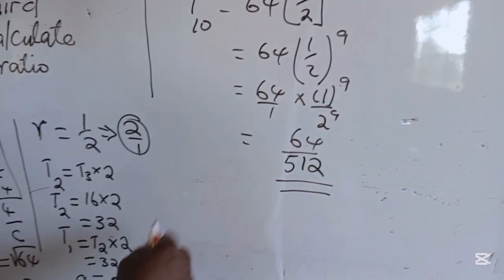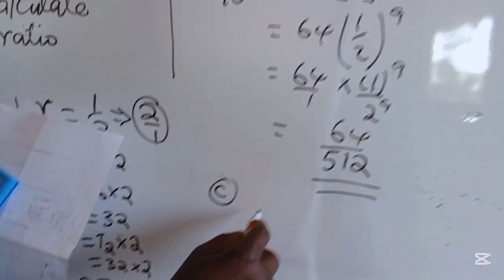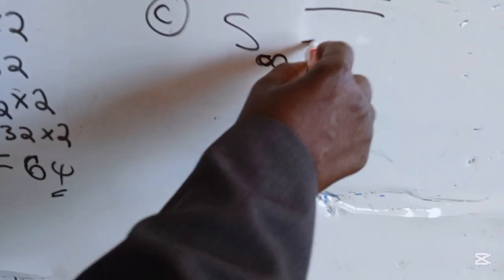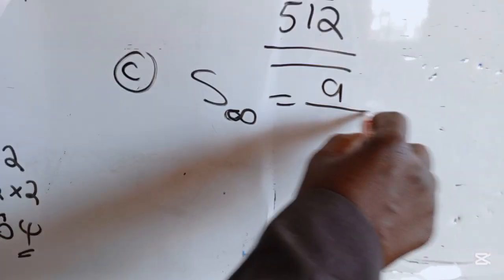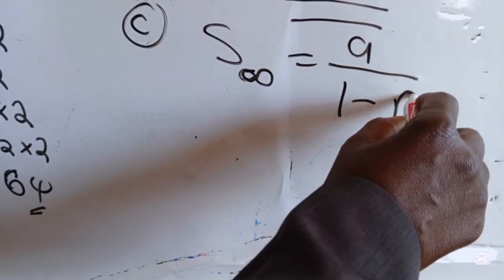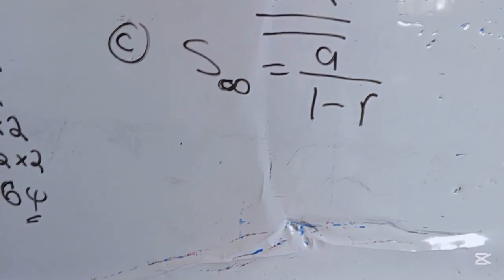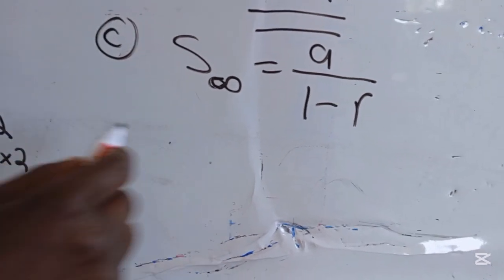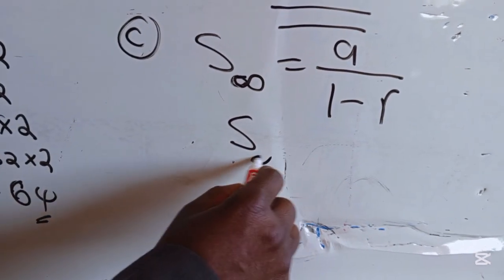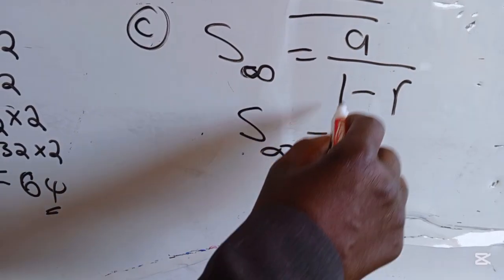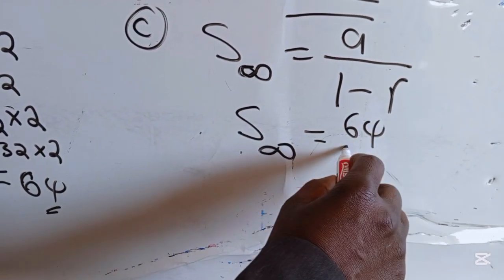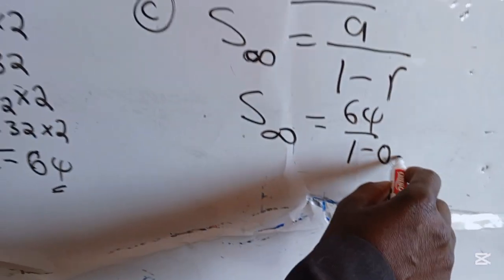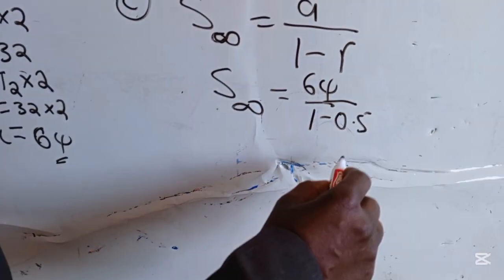Sum to infinity. How do we get sum to infinity? This is the sleeping 8, it is a over 1 minus r. You agree with me that my r there is half. So now, what is the sum to infinity? This is the same as my first term, 64, over 1 minus 0.5, because half is the same as 0.5.